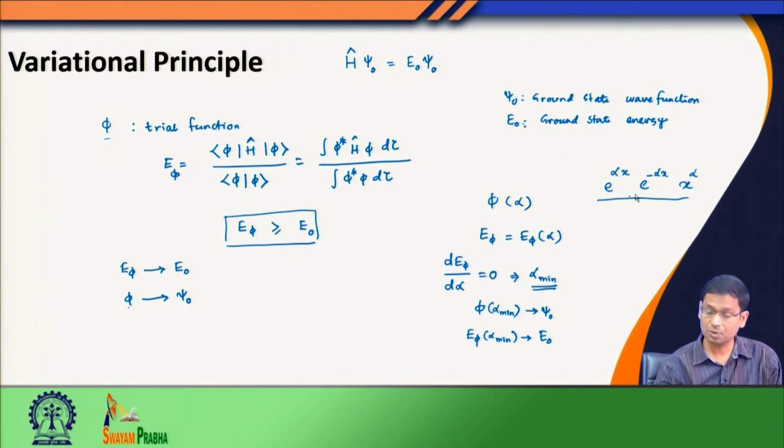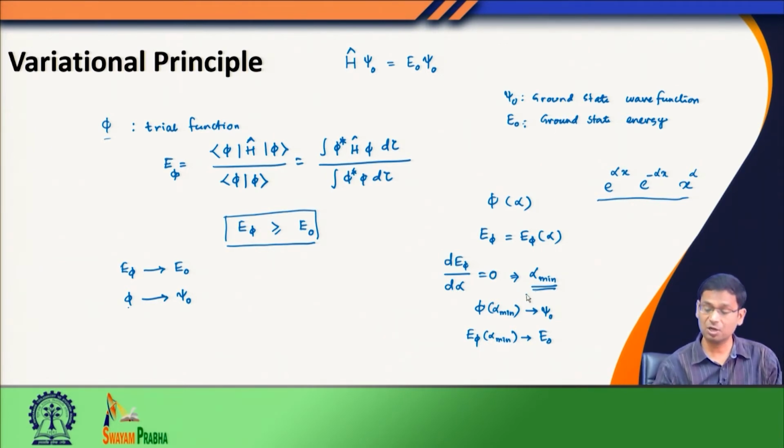So, in that case I would simply calculate E phi, which will be a function of alpha, because I would integrate out all these x values, as these integrals are evaluated over x. Therefore, the energy will be a function of alpha, and I will minimize this energy with respect to alpha and find the best value of alpha.